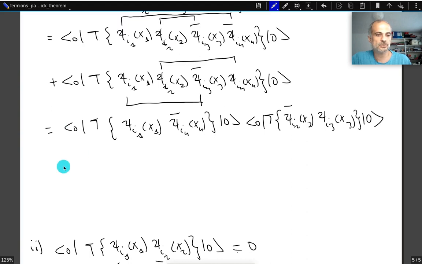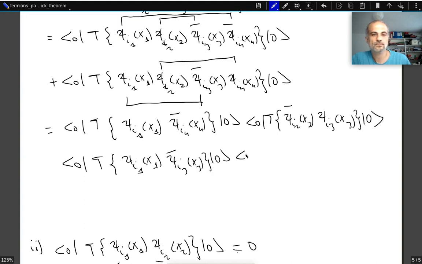But the second term is just this expression, psi i1 x1, psi bar i3 x3, psi i2 x2, psi bar i4 x4.